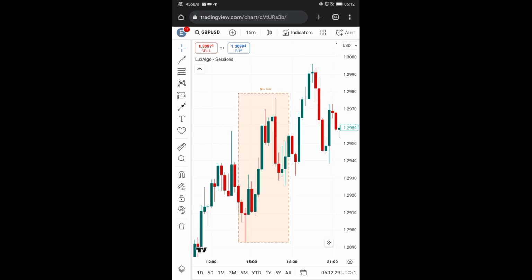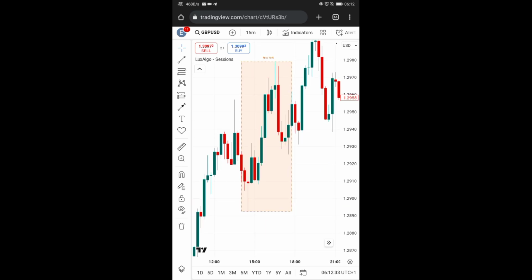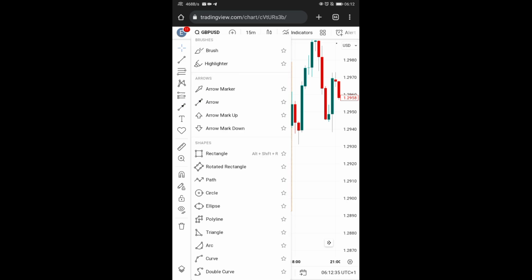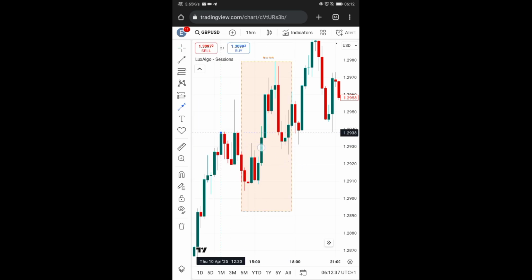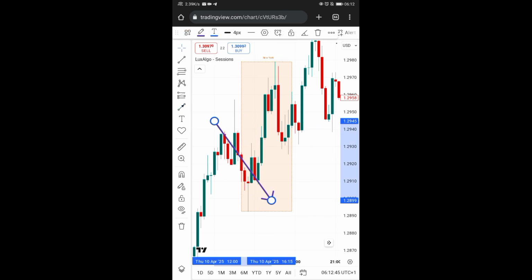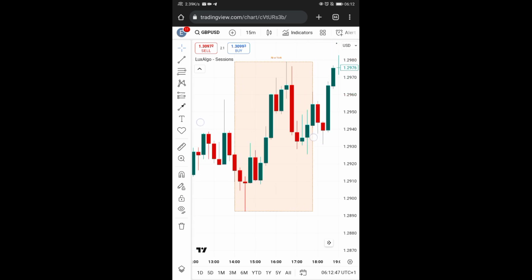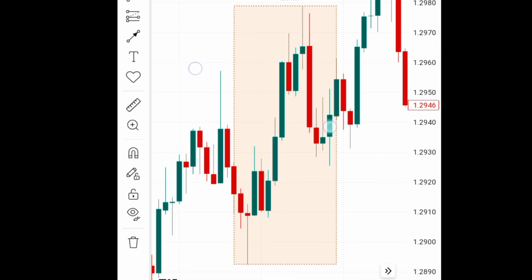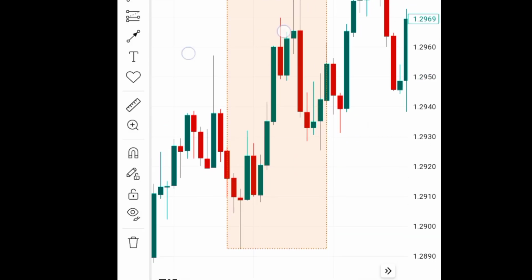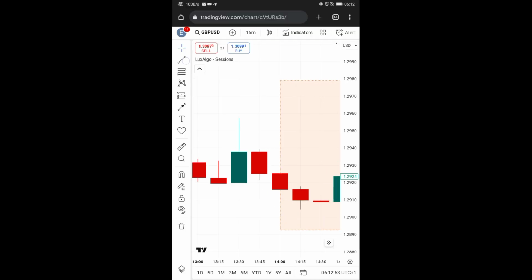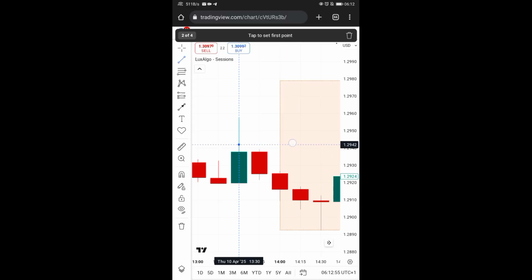So what do we do? Once this New York opens, we have to wait for this market to break structure. You can see this box here is New York. So before New York open, you have to mark the high before New York open. You also mark the low before New York open. So here was the high that we got before New York open.